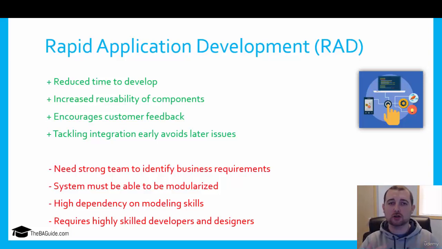So you're able to encourage customer feedback very early on in the product, rather than way at the end in a typical waterfall methodology. And then you're tackling integration early, which avoids issues later.